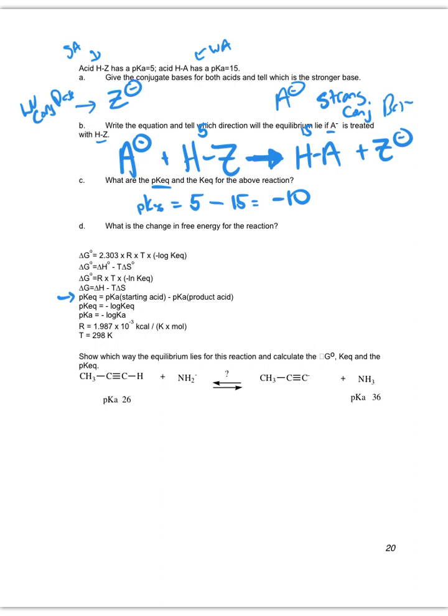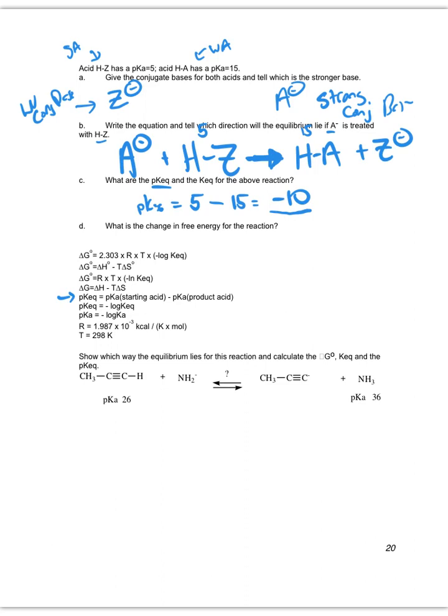Okay, so the pKeq, if it is a negative number, that tells us the reaction goes as written. And the larger the negative number, the more negative it is, the stronger the reaction will go, the more of it will go towards product, the less of an equilibrium there is.